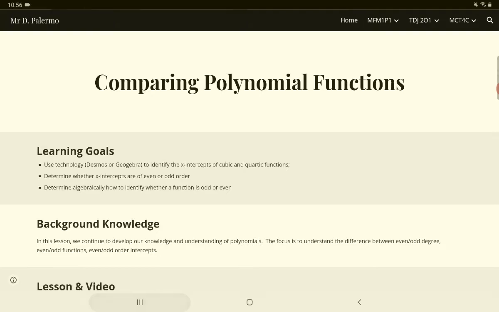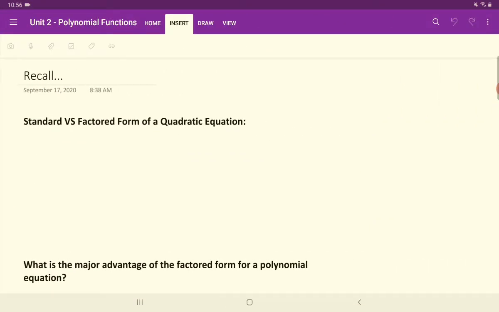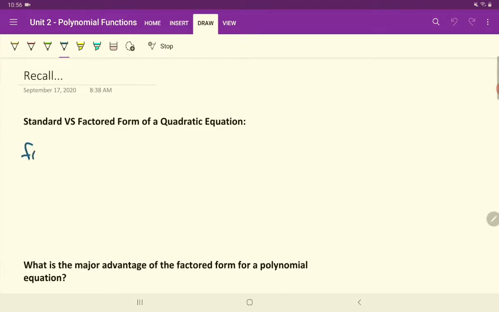Let's start by recalling what the standard form of a quadratic equation is versus the factored form of a quadratic equation, because we would have all covered that last year. So let's refresh our memories. The standard form for a quadratic equation is in the following format.